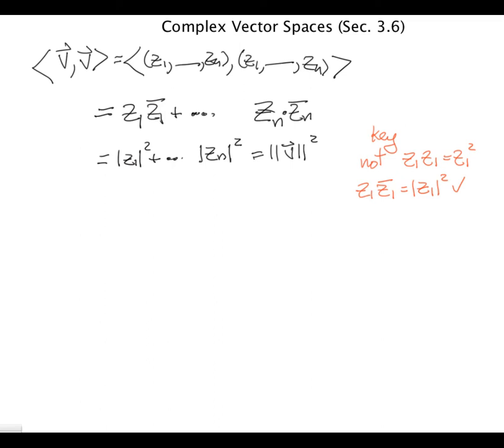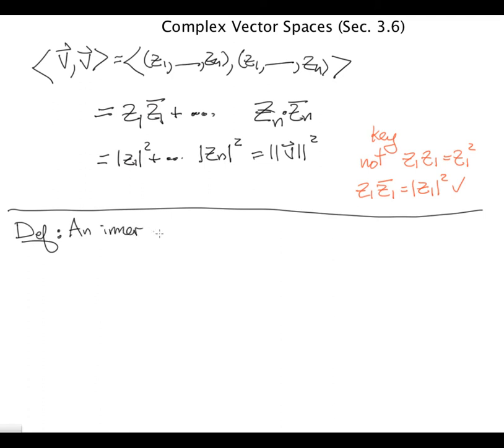So what's an inner product on a complex vector space? Well, it's the definition that you knew with one little wrinkle. An inner product on a complex vector space is the following.